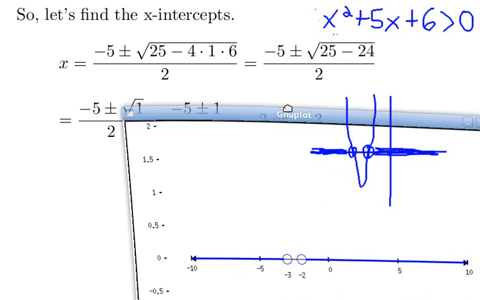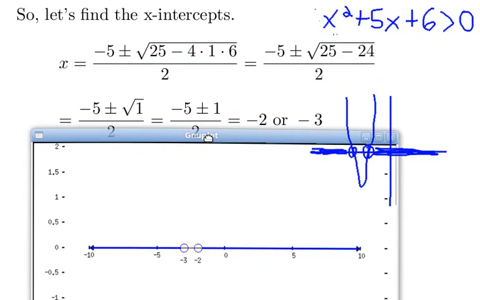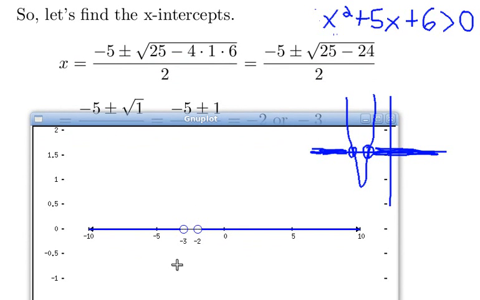So this is the graph of where this is greater than 0. Notice that you have an open circle because it's a strictly greater than, and an open circle here because for both cases it's a strictly greater than.